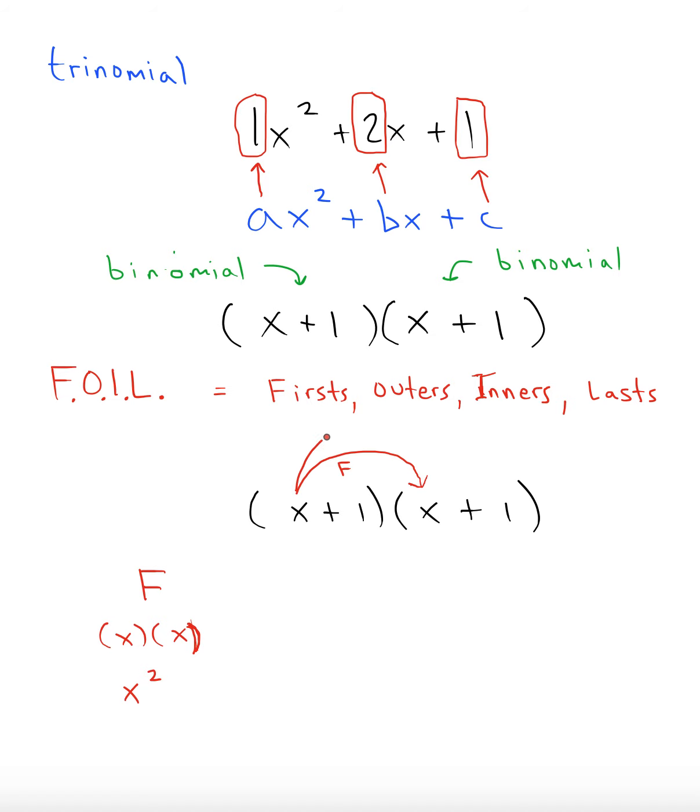Now we have to multiply the outers. That's x times 1. That makes x. Now we'll multiply the inners.